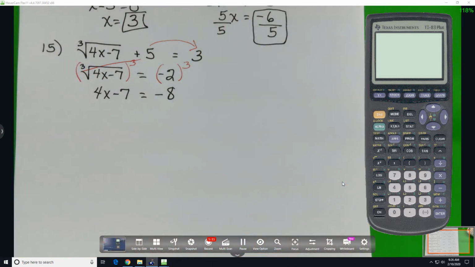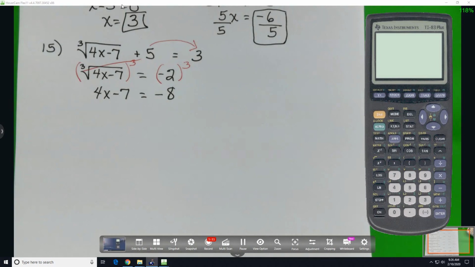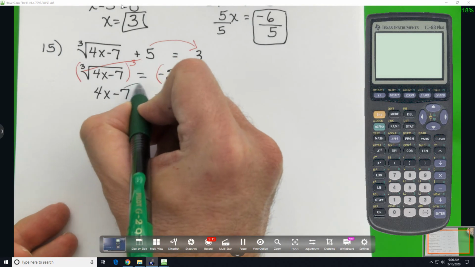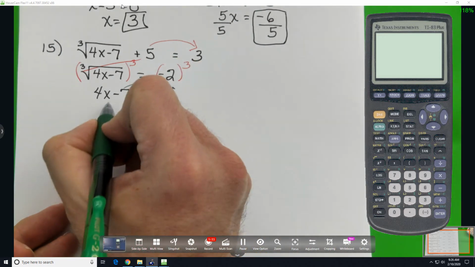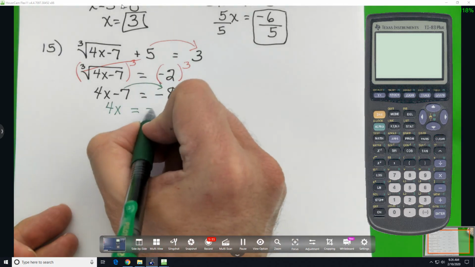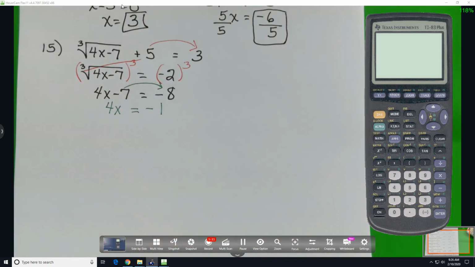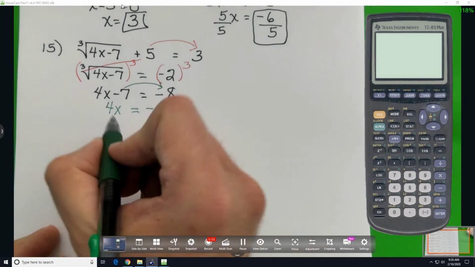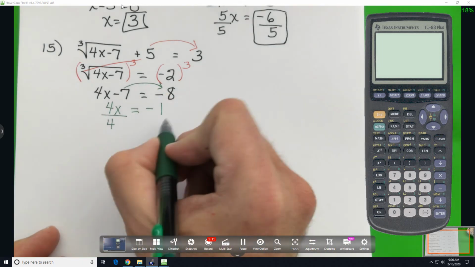Am I going to have to factor anything here? No, it's just a nice little linear equation. How do I know it's linear? Well, there's no exponent. So move the 7 over. Let's isolate the x. So we'd have 4x equals, is that a negative 1? And then divide by 4.